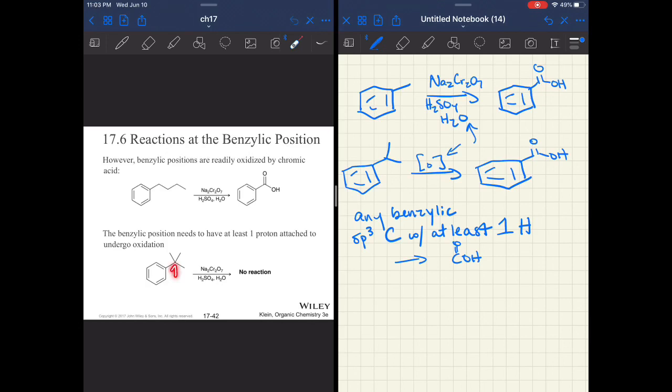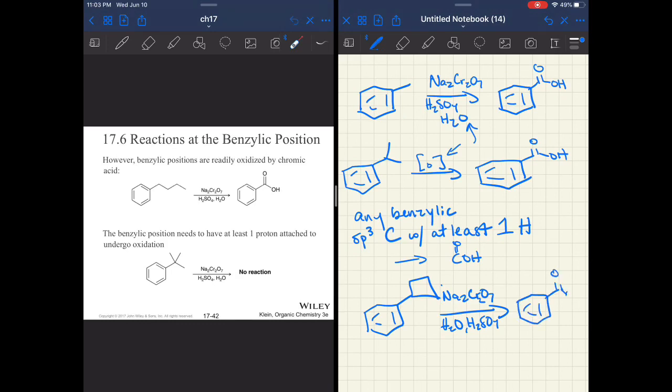There is no hydrogen there, so this does not work. This could even be a ring, right? Let's say we have a little bromobutane on there. Not bromobutane, cyclobutane. We are using our chromic oxidizing reagent. There is one hydrogen.